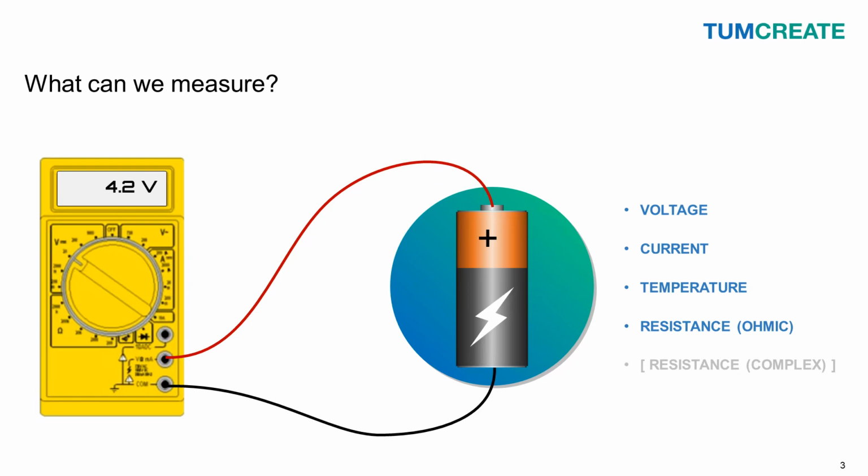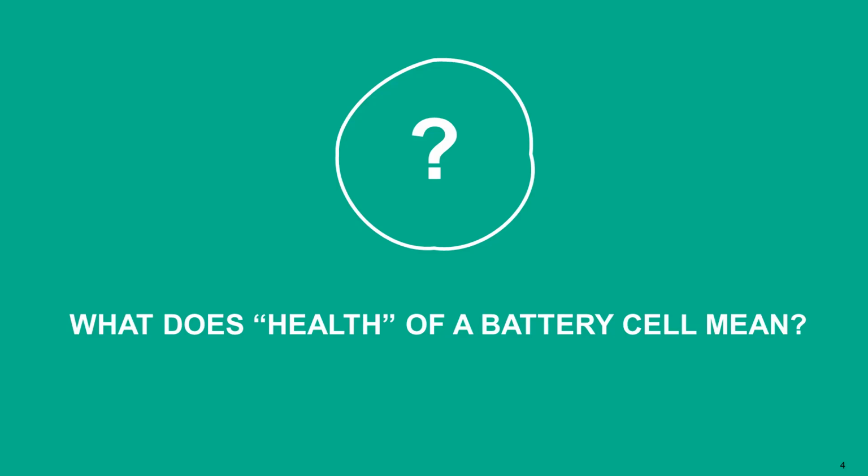A lithium-ion battery cell is an electrochemical energy storage system. What happens here is that your energy is stored in a way that puts lithium ions into a crystal, intercalation as it's called. Okay, what does health of a battery cell actually mean?